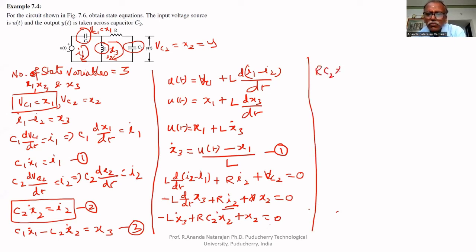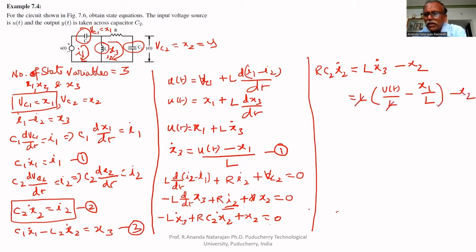R C2 x2 dot equal to L x3 dot minus x2. Already we know the expression for x3 dot, that is u(t) divided by L minus x1 divided by L, minus x2.